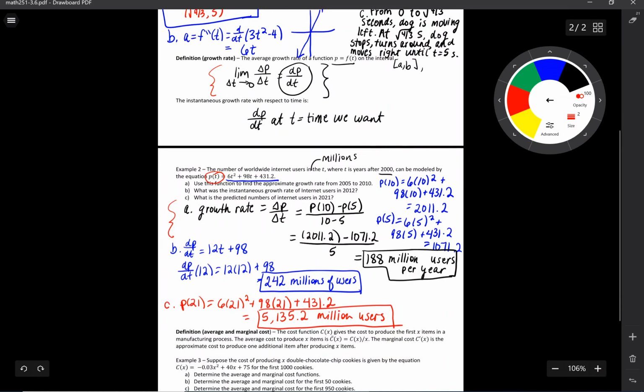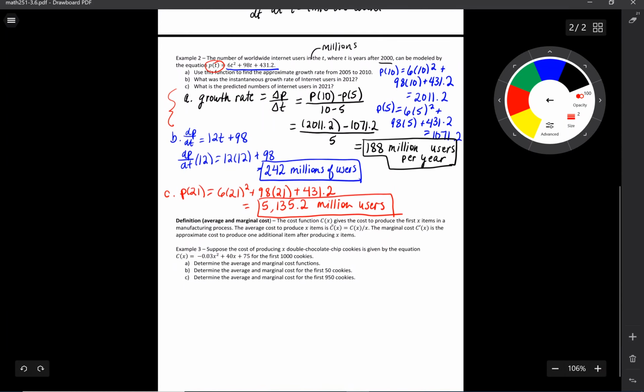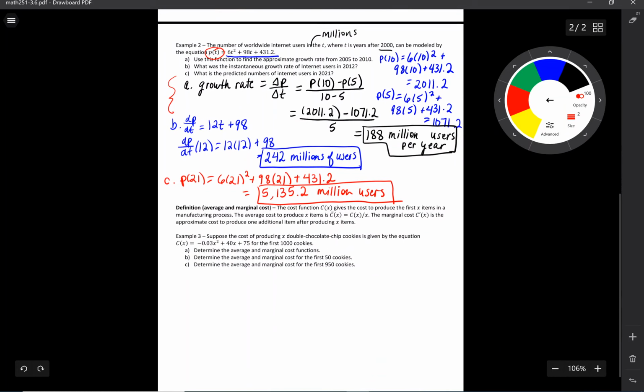Okay, we have one more application that we are going to look at today. That is average and marginal cost. So say I have a cost function c, and it gives the cost to produce the first x items in a manufacturing process. The average cost to produce x items, we call this c bar. So c bar of x is equal to the cost divided by the number of items.